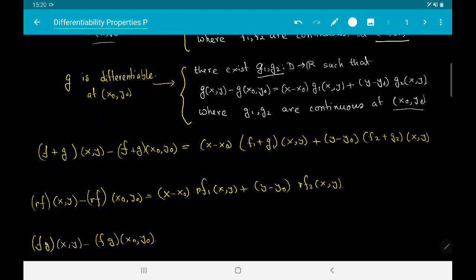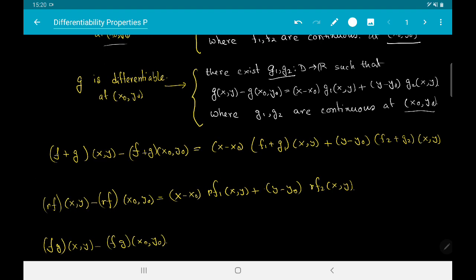We first look at the sum of two functions which are differentiable at the point x0, y0. In order to show that f plus g is differentiable at x0, y0, I need to express (f plus g)(x,y) minus (f plus g) at the point x0, y0 as (x minus x0) times h1(x,y) plus (y minus y0) times h2(x,y).